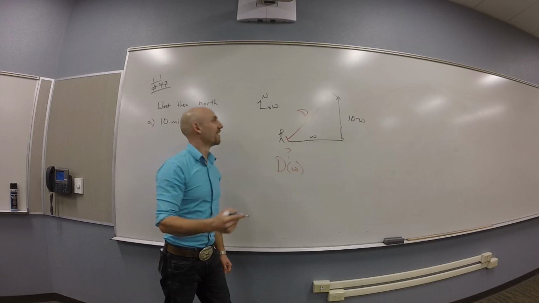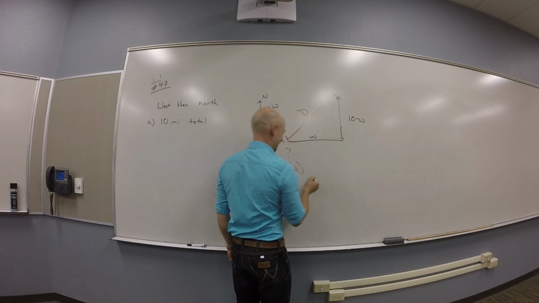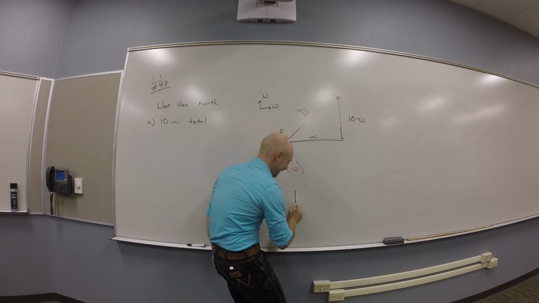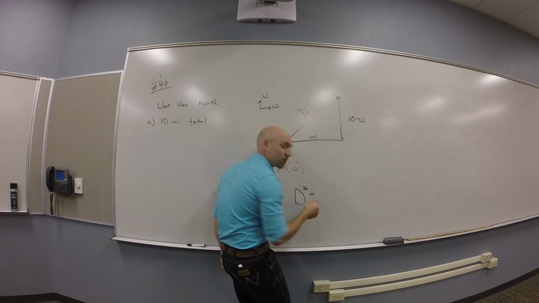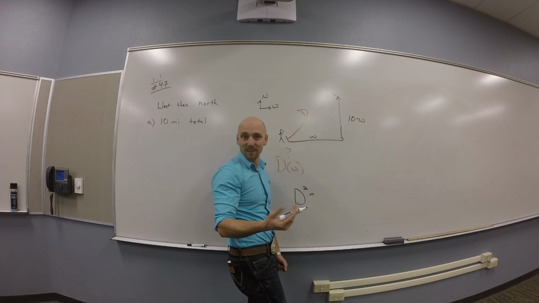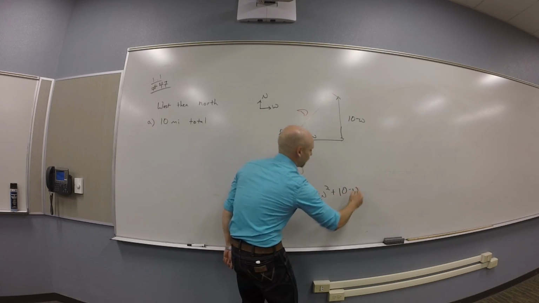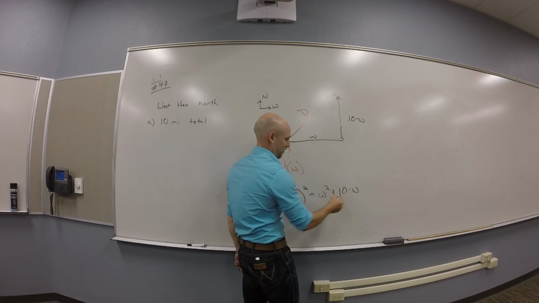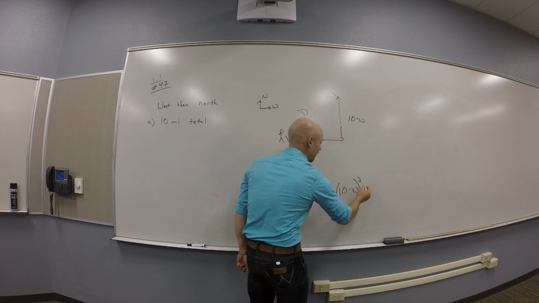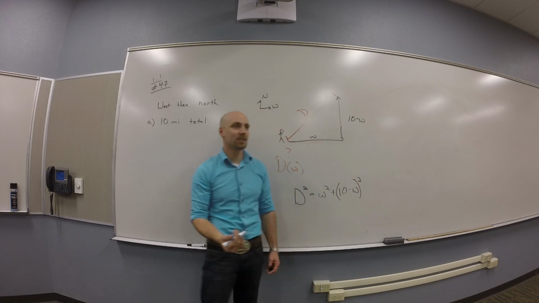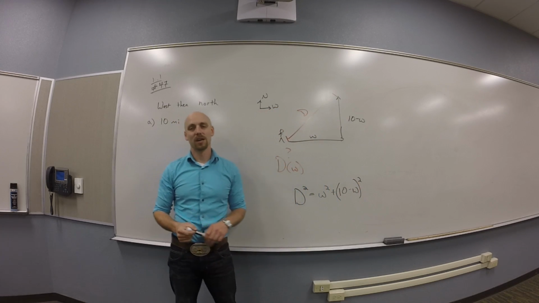W squared plus (10 minus W) squared. It's a Pythagorean thing. So what I know is that D squared is W squared plus (10 minus W) squared. Good, make sure you get the quantity right, because the whole side is 10 minus W. Okay, now what?